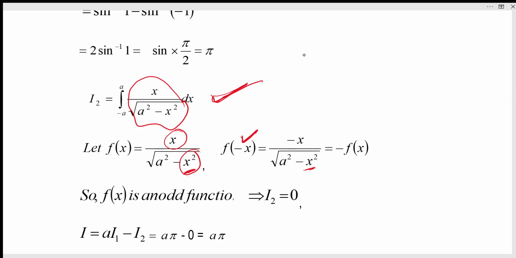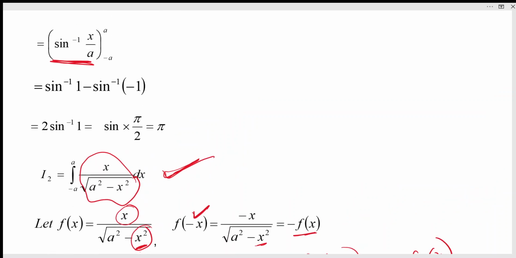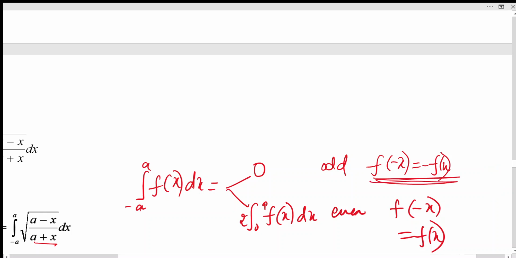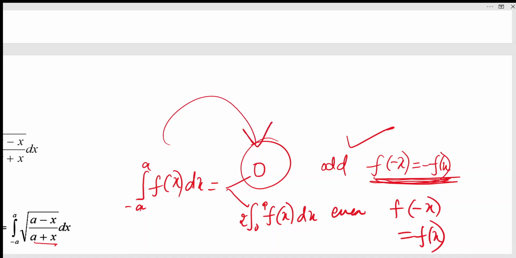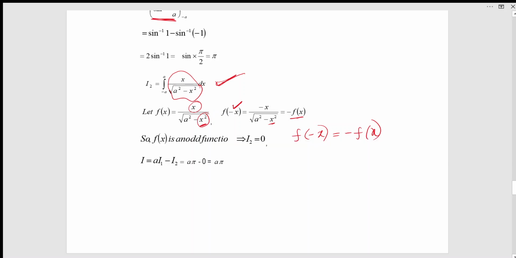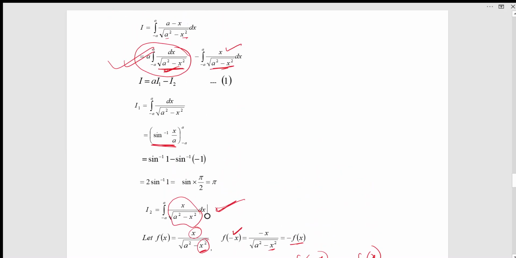It means this has become minus of f x, and I have told you when f of minus x is equal to minus of f x, see, let me show you this. When you're getting a negative sign outside, it is an odd function and you do not have to integrate. The integral will be 0. That's a property. So you can apply the property for the second integral. That's an odd function. You do not have to integrate.